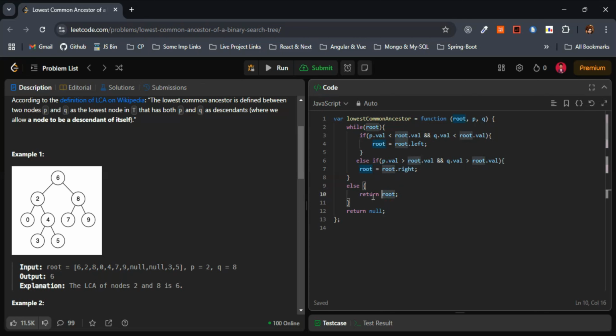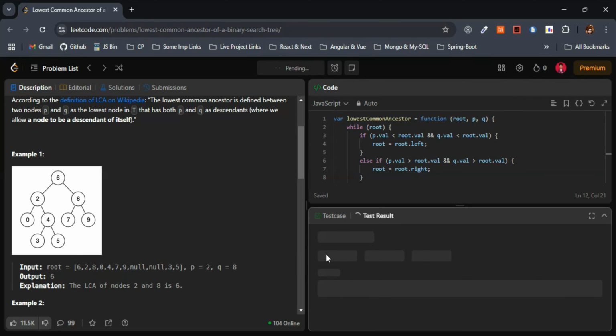Else we know that root is a descendant of itself, so we will be considering root itself. If root is null, then we return null. So these 4 conditions we are considering here. I hope the code is completely clear, right?